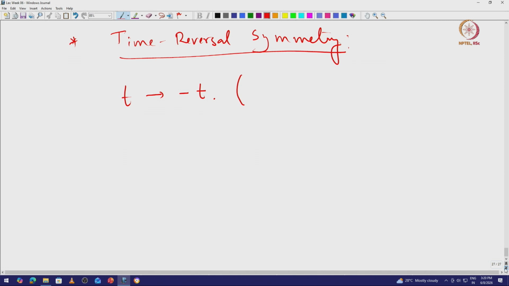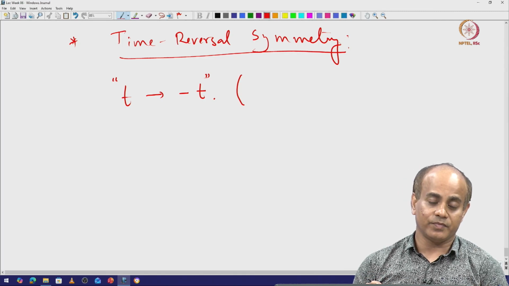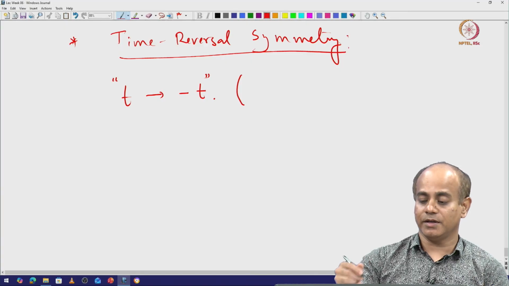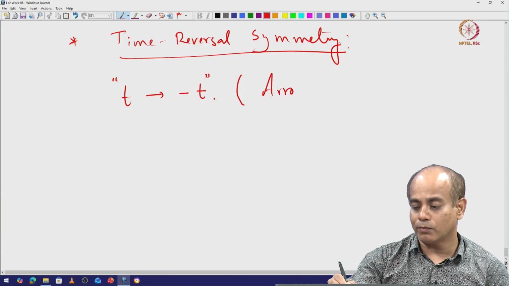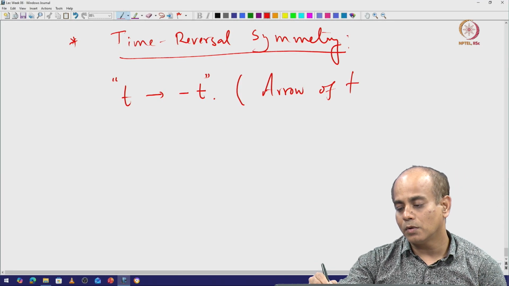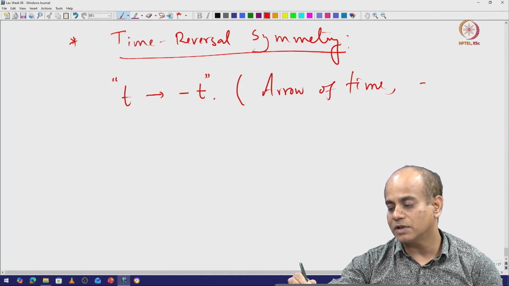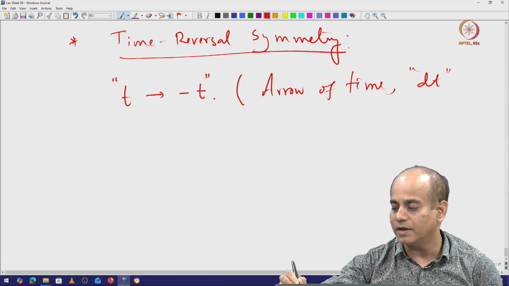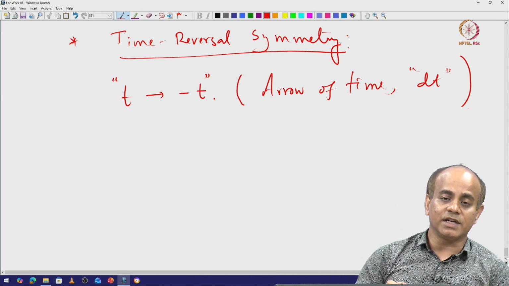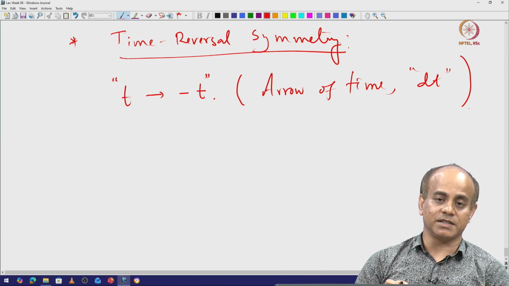It is a scalar. However, we often just write it as T goes to minus T, but it is not the time, but the arrow of time, the direction of change of time, that changes under time reversal symmetry. It is the arrow of time, or sometimes simply the thing that involves dt changes to minus dt.